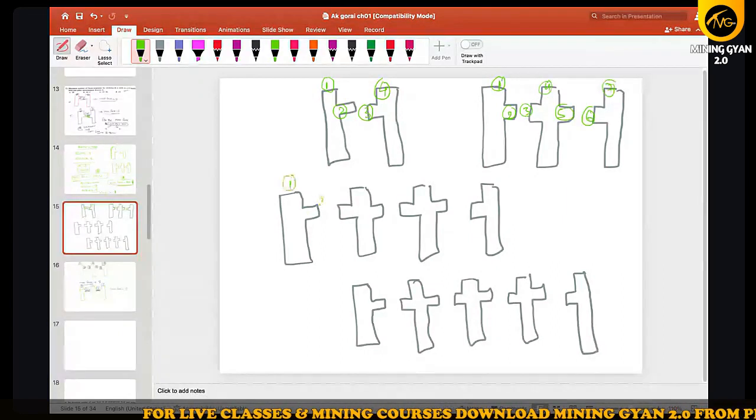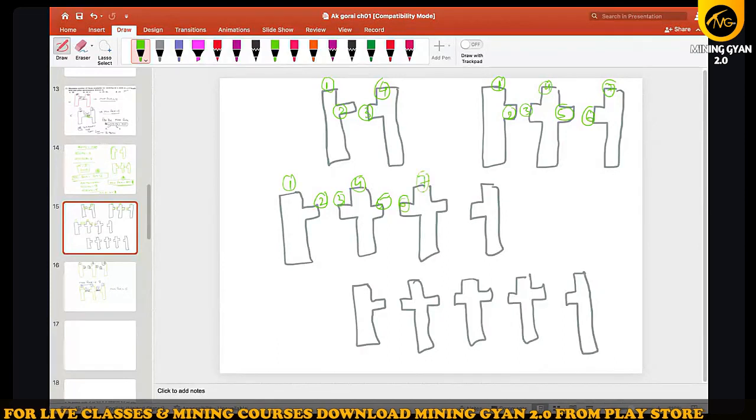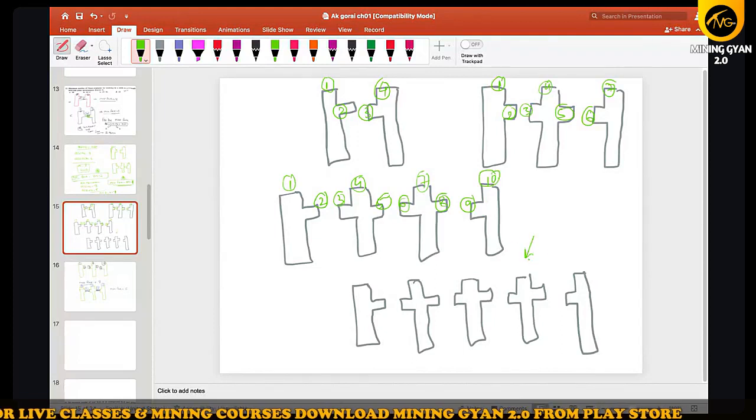For this, 1, 2, 3, 4, 5, 6, 7, 8, 9 and 10. Similarly, you will do this for the equation.